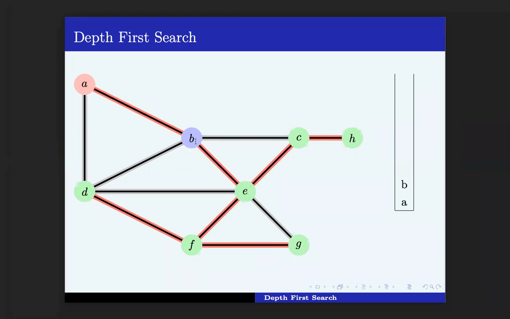Note that from B I had gone to E, so at that time E has been removed from B's neighborhood. But C and D have not been removed. So B will go and check for C, and it will see that C is not gray, and therefore it will have to go back. So it is going down this path and then coming back.